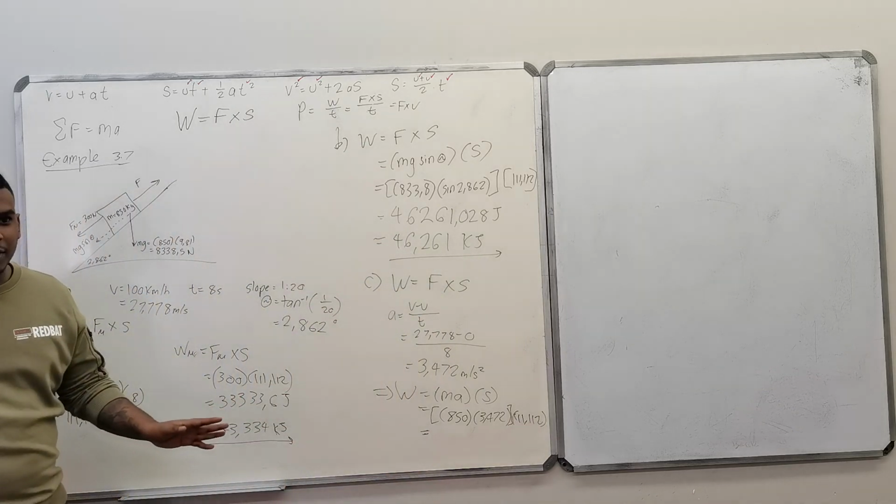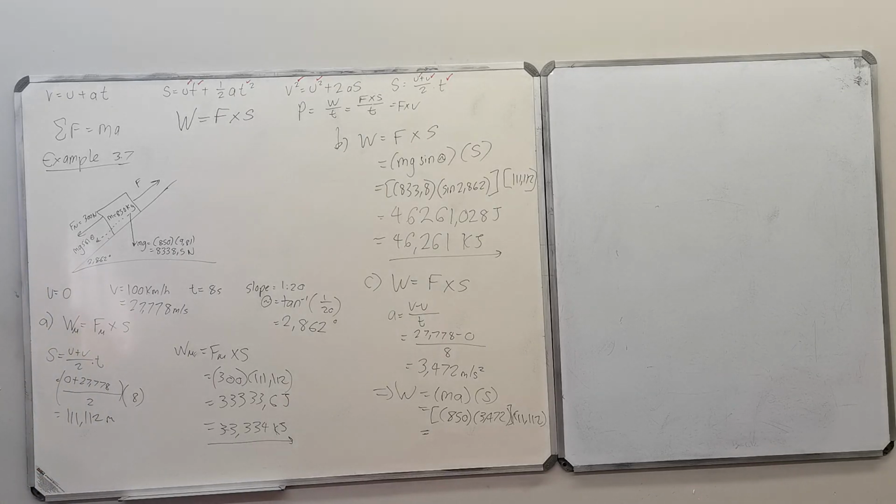If you're lost, please tell me. So I just replaced the F with MA, because that's the force we're looking at. Initially we calculated the acceleration because we needed the acceleration to work out MA, not to work out the work.